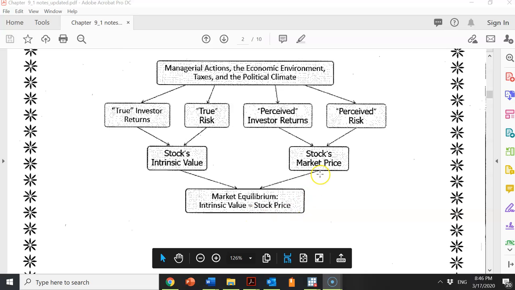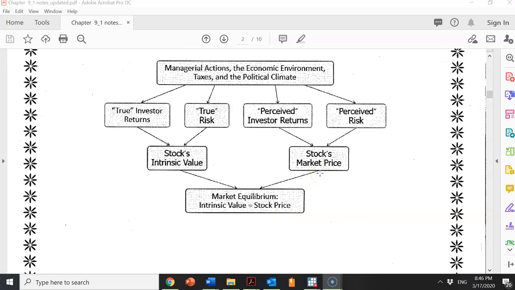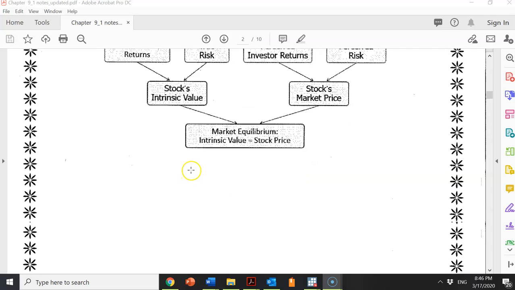Okay, we think the market perceived risk and return is going to decide the market stock price, and that's going to converge to the real stock price, the real value of the stock.